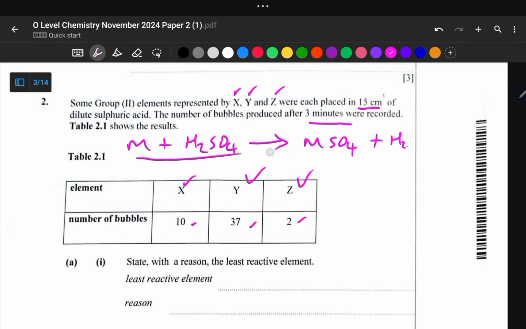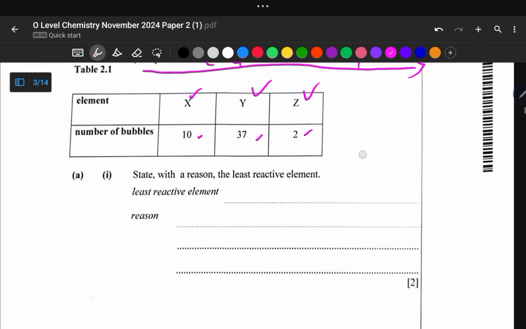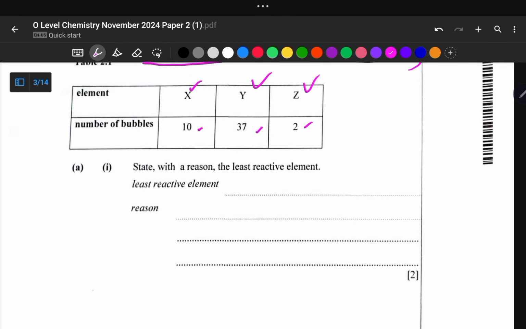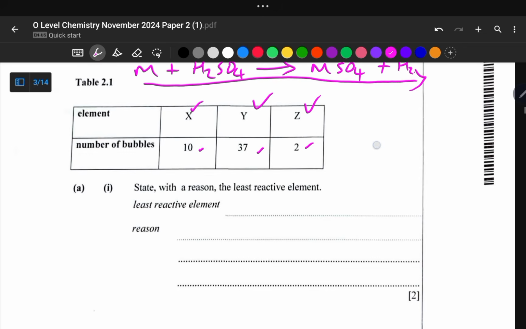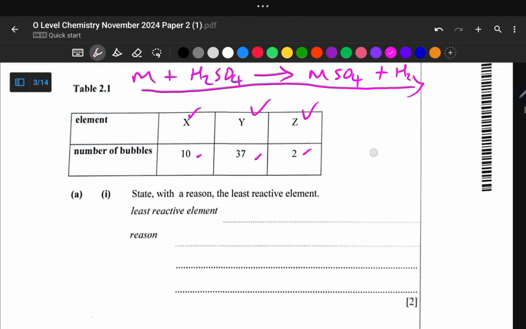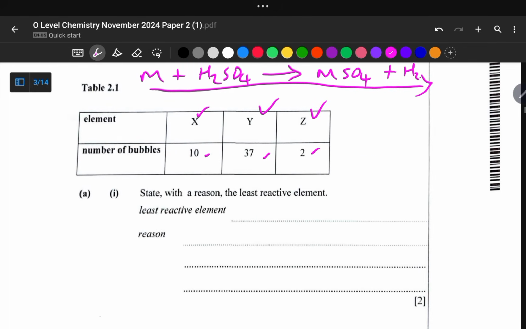So this is the general equation for the group 2 metals with dilute sulfuric acid. So state with the reason the least reactive. The least reactive is the one with the fewest bubbles, right? And then the most reactive is the one with the highest number of bubbles. So Z is the least reactive.